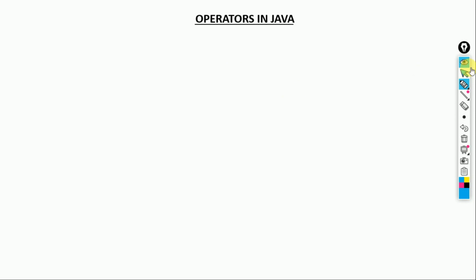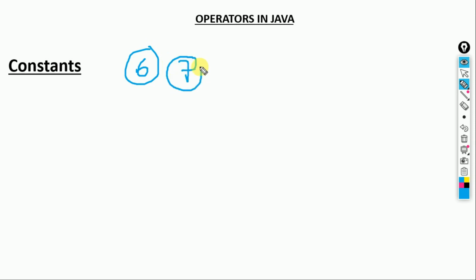The first concept regarding the operator is constants. Constants are quantities used in Java programming that will not change till the execution of a program ends. For example, if we use 6, we already know that 6 will not become 7 unless we make it dynamic.